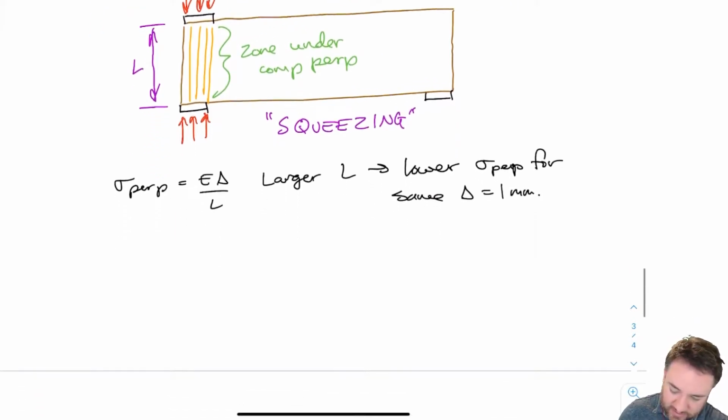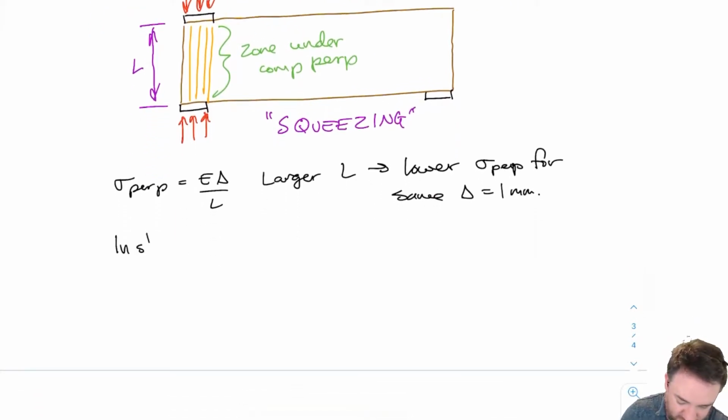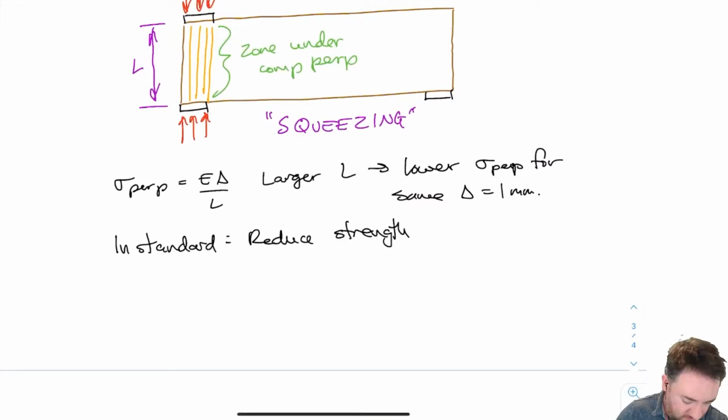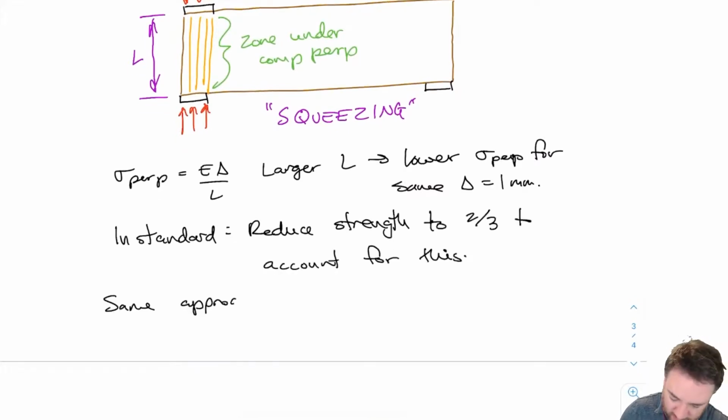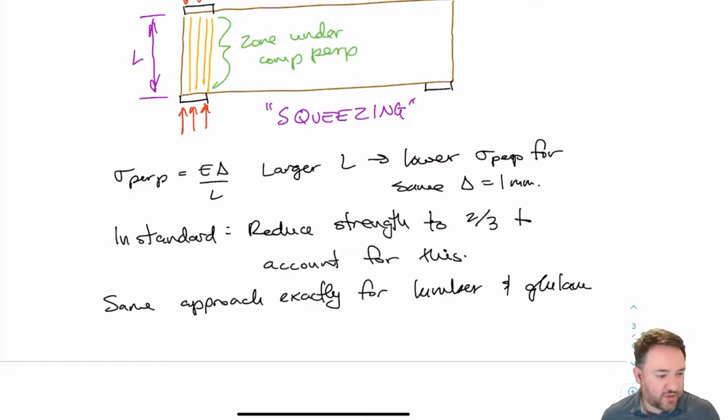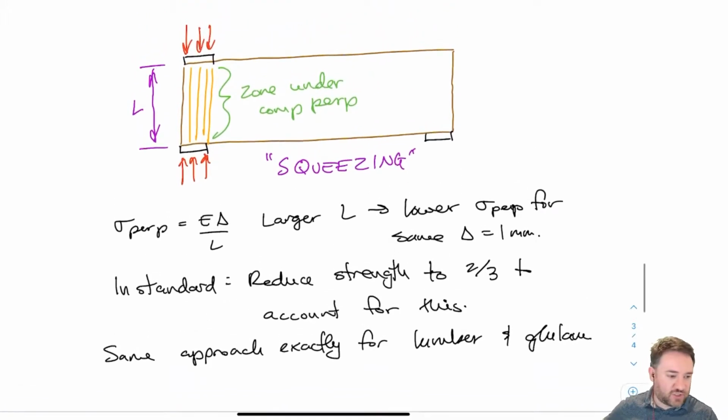Okay, so what do we do in the standard? They apply a factor of 2/3. Based on test data, this is an approximate reduction, so they reduce the strength by 1/3 to account for this effect of squeezing, only in the cases where we're experiencing that squeezing.